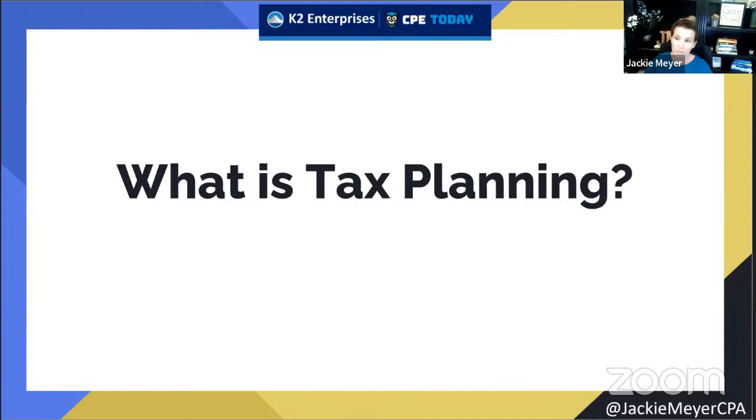Is that tax planning? Not really, because it already happened. Now, there are some things you can plan retroactively for, and so you could accelerate bonus depreciation maybe on that vehicle. And so it's kind of borderline tax planning. But true tax planning is proactively identifying strategies to reduce a client's tax liability.